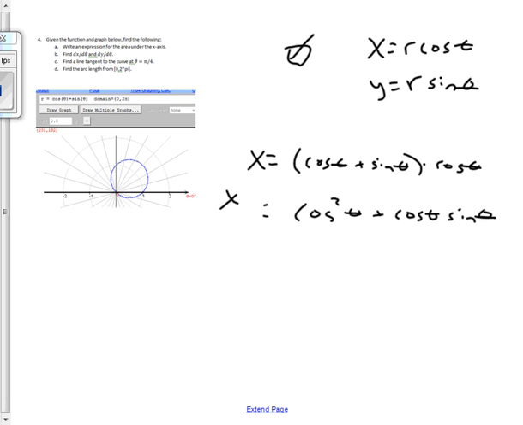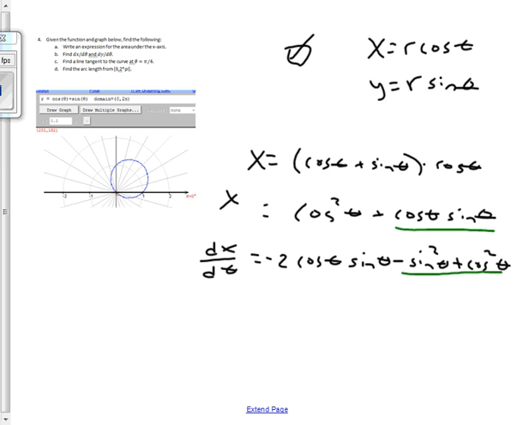That's x. If I differentiate with respect to theta, dx d theta, which looks at how x changes as theta changes, will be negative 2 cos theta sine theta minus sine squared theta plus cosine squared theta. This last piece is the derivative of cos theta sine theta, making sure that we employ the product rule.